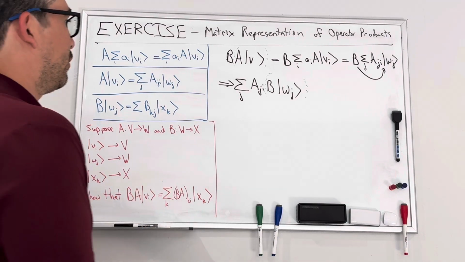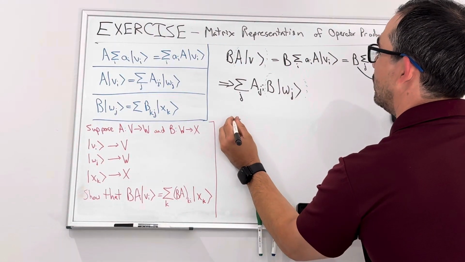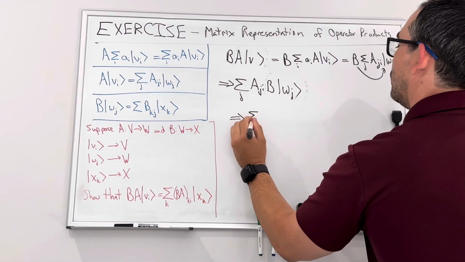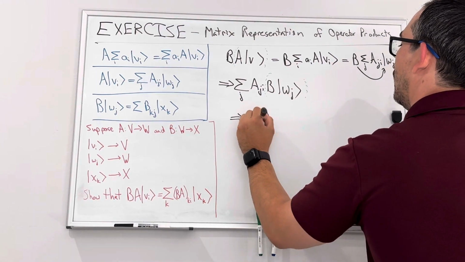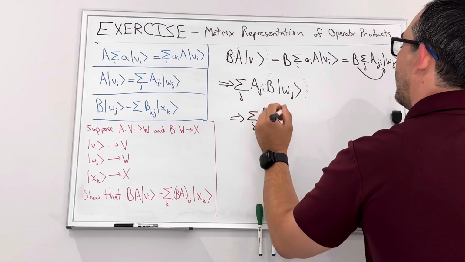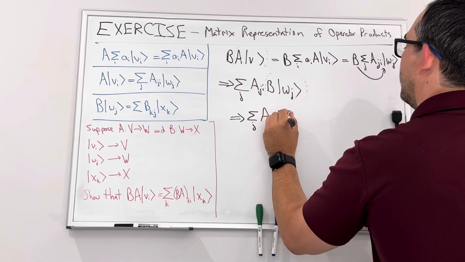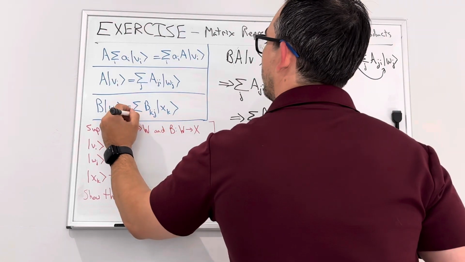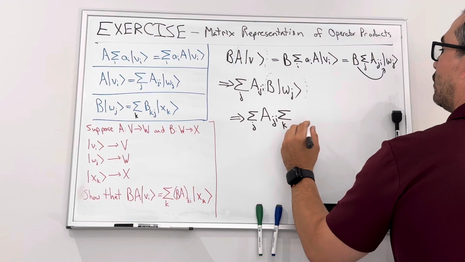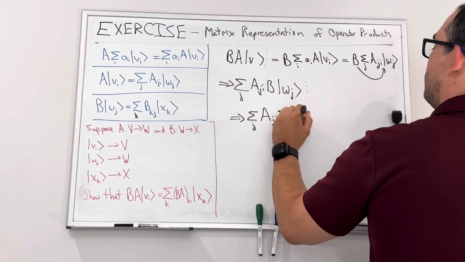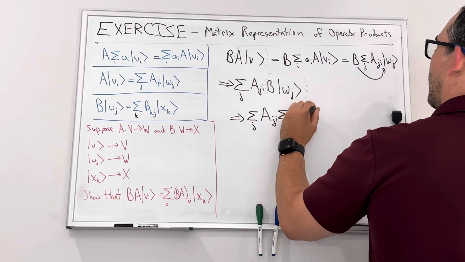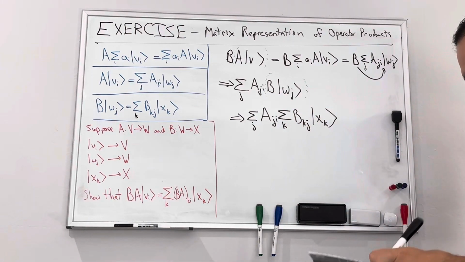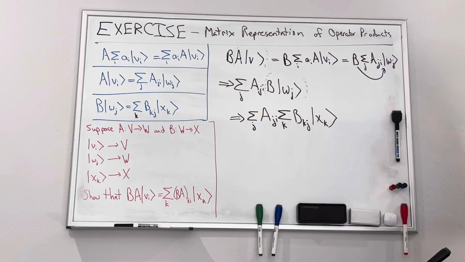Well, that's just this right here, right? And so we can rewrite this further as the sum over J of A_JI, and then take the sum over K of B_KJ acting on the basis vector X_K in our new basis.